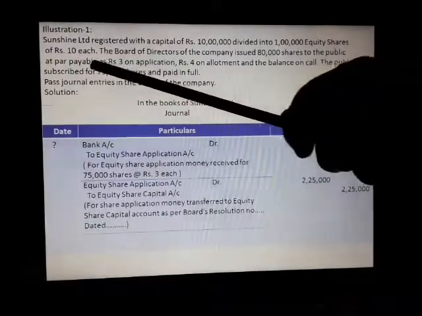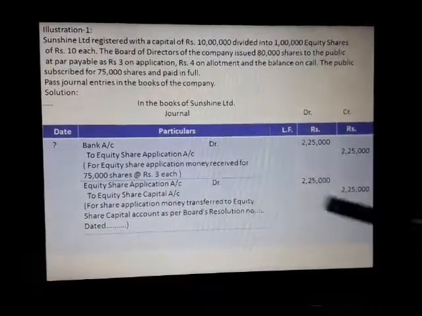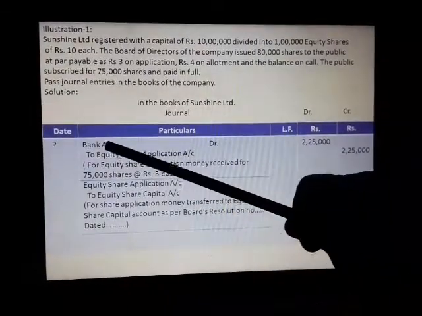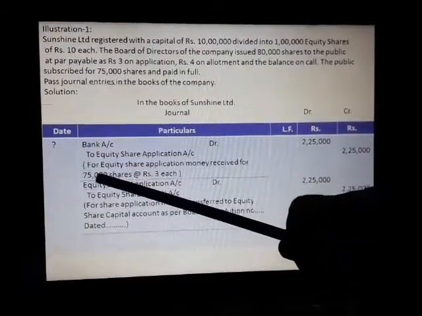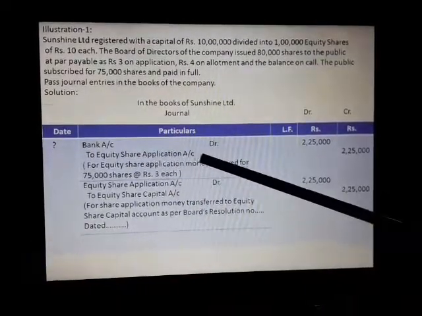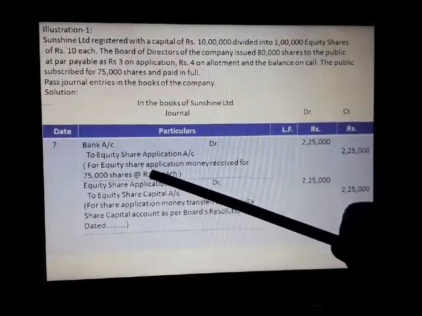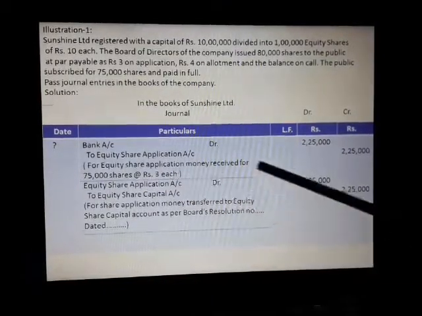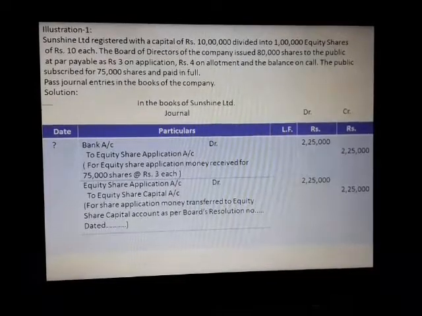So, on the basis of 75,000 the problem will be solved in the books of Sunshine Limited, journal, debit, credit. Now, for application money received on 75,000 shares at the rate of rupees 3, bank account debit to equity share application account. For equity share application money received for 75,000 shares at the rate of rupees 3 each, 2,25,000, 2,25,000.